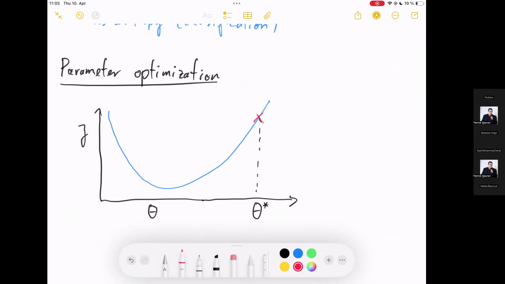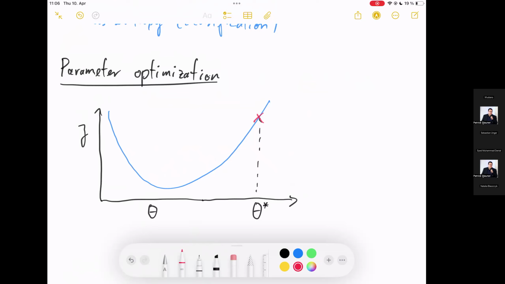What you learn in high school and what you revisit in your introduction to mathematics is how you can find the minimum of a function. And you just check, where does this function have a change of zero, and either I have a maximum or a minimum at that point. This is something we could try here, but I told you we possibly have millions or billions of parameters.